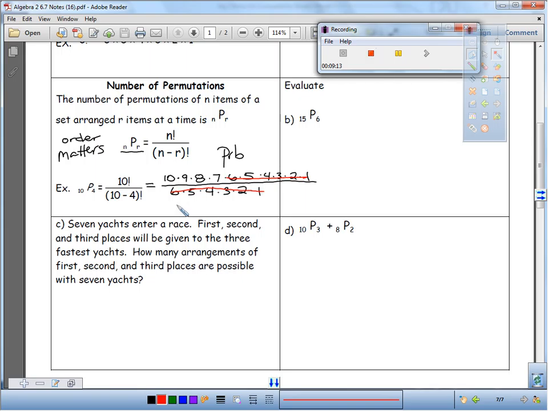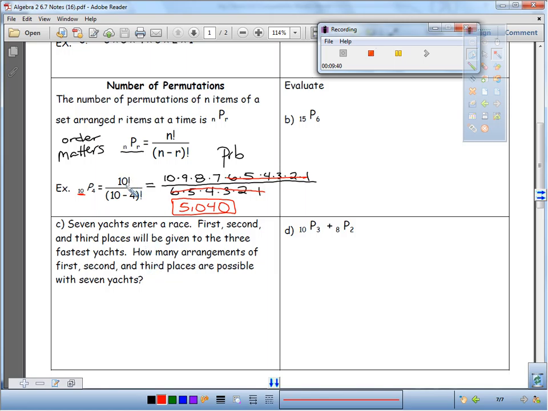Everyone does that? And I should get 5,040. Any questions over that? Now, if you have this button on your calculator, we're going to show you how to do that. You're going to hit the number 10. You're going to find that button on your calculator, and then hit 4. If you have one of my little calculators, you're going to hit this.